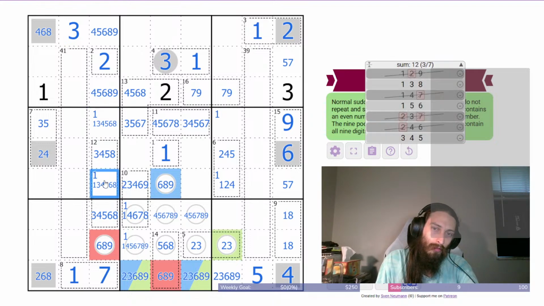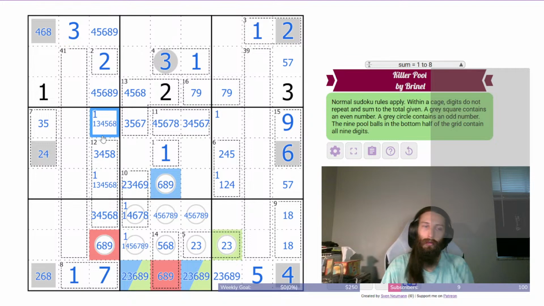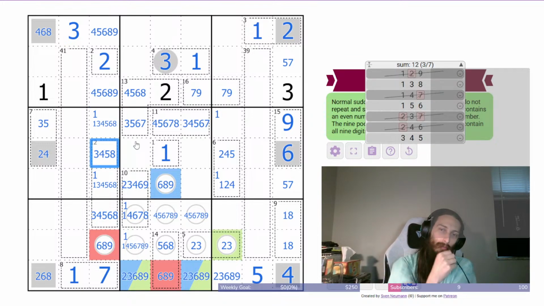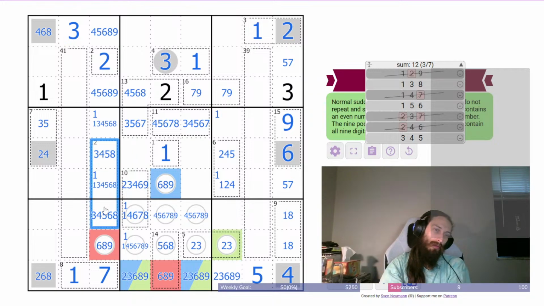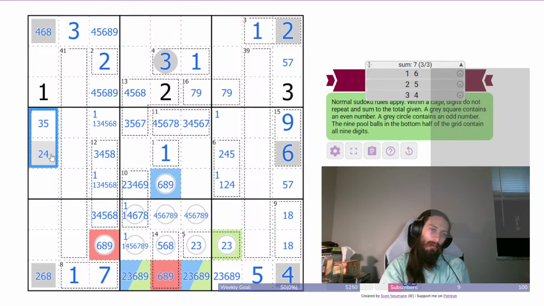So if this is a 1, well, then it would be with the 12. So this isn't a 1 or a 3. Because you can have 1, 3, 8. If this was 3, 4, 5, this cannot be a 3, 4.